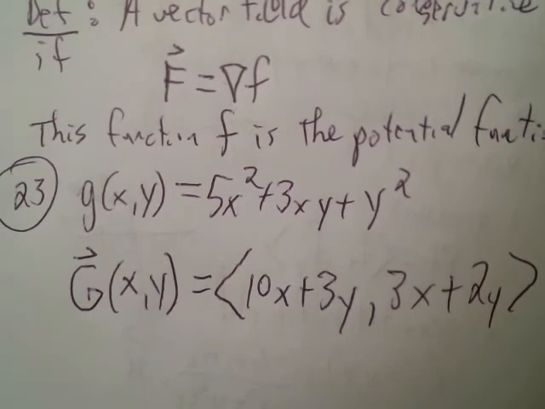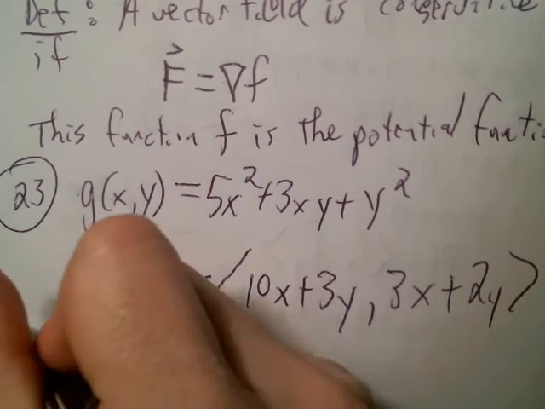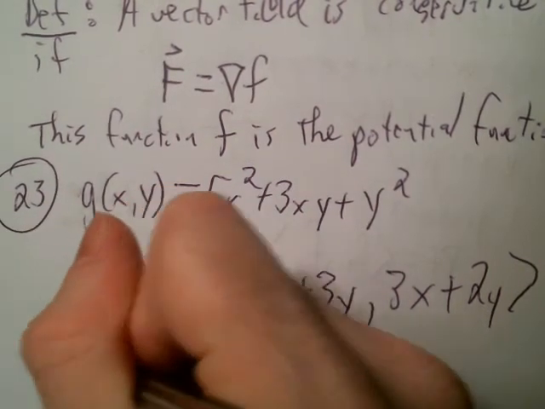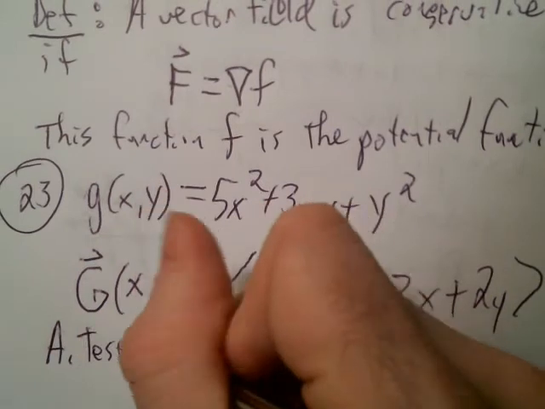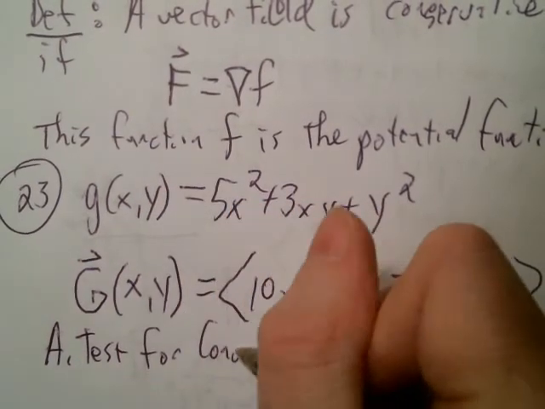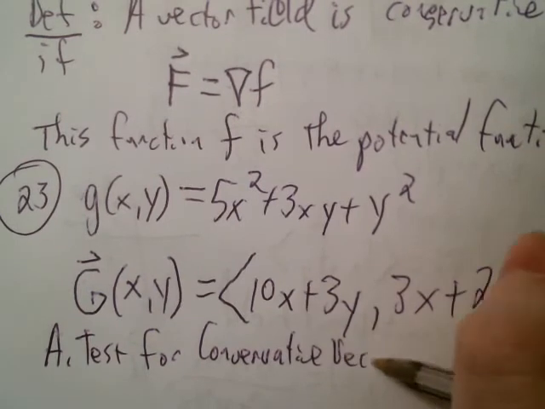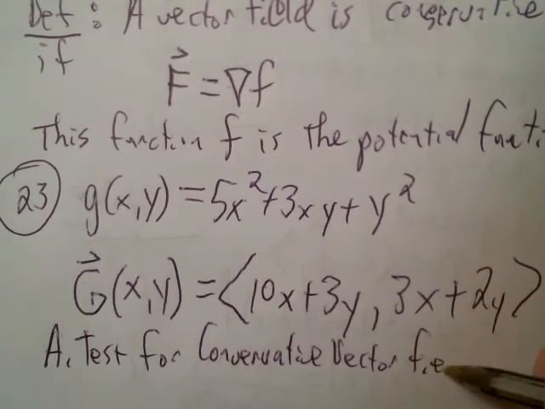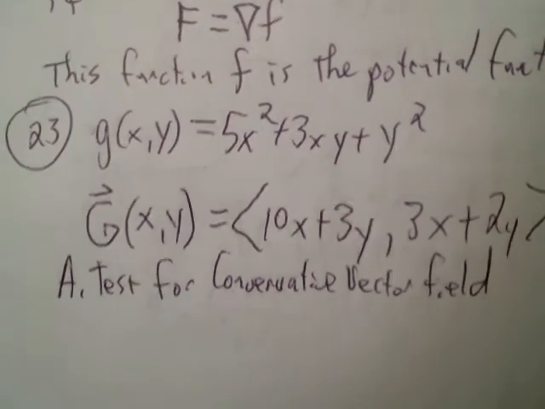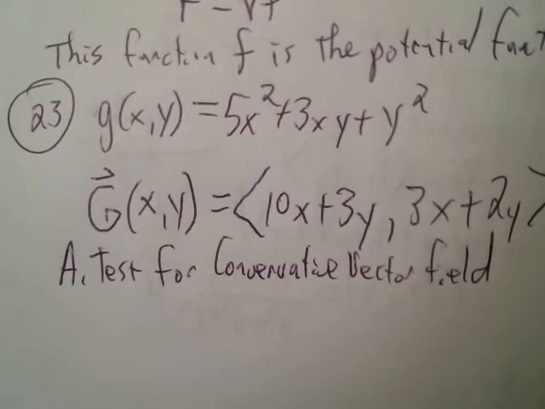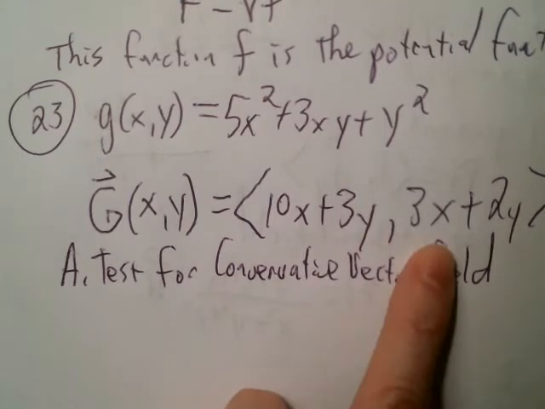Okay, not all vector fields are conservative. So how do I know if it's conservative or not? Well, there's a test for that. And it's basically looking at the partial derivatives of the components of the vector field.